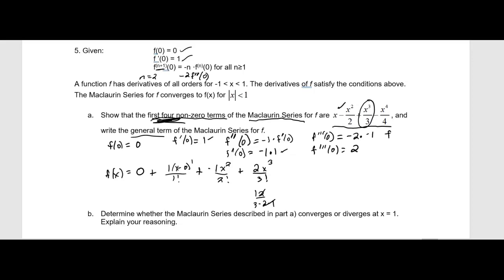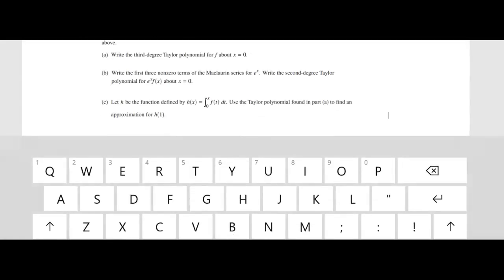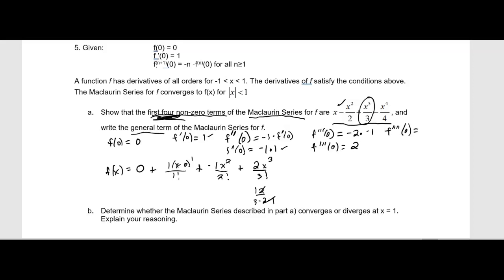Last one, if we want our fourth derivative value at 0, we go back to this tricky little formula up here. If we want this to be a fourth derivative, then our n would have to be 3, so that we would get f to the fourth derivative power.